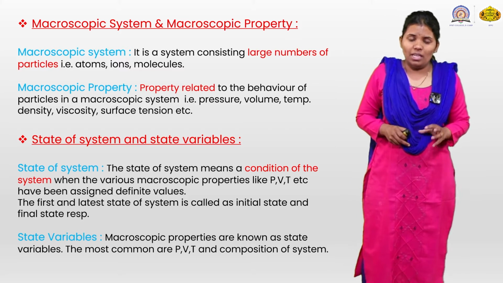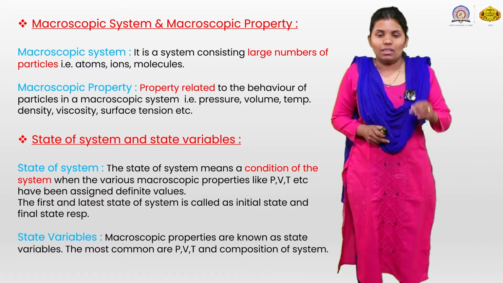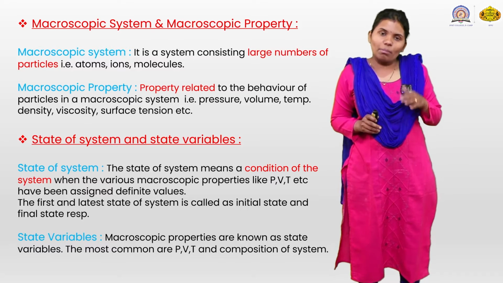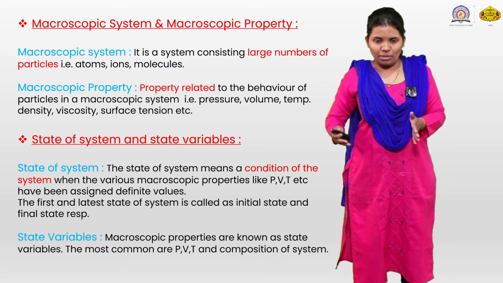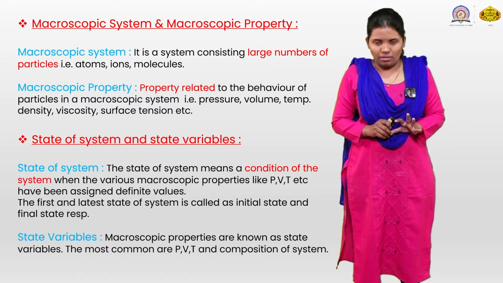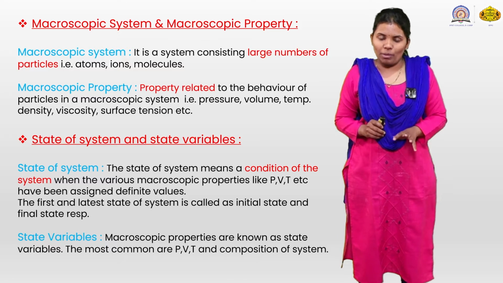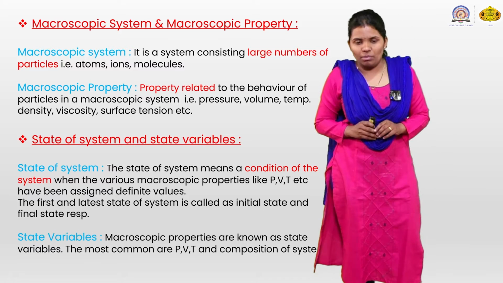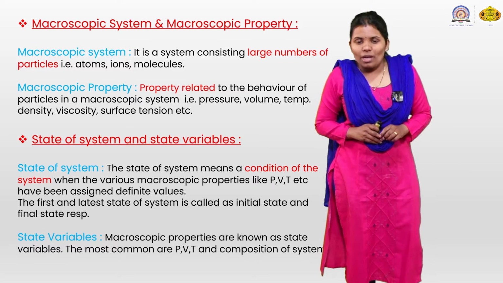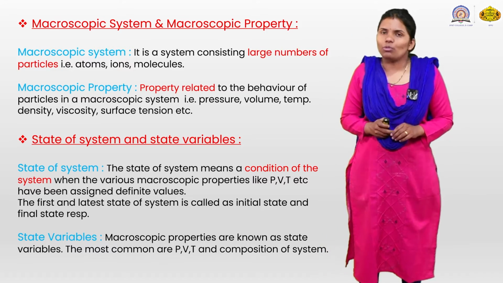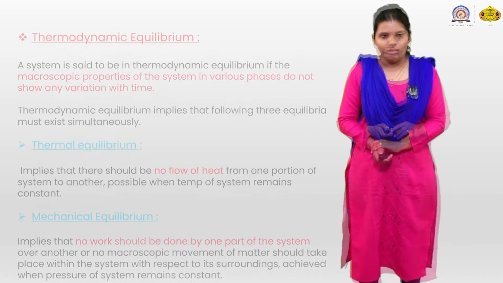So, initial and final. So, what is the state? It means the condition of the system when particular macroscopic properties like pressure, volume, temperature are applied to that system. And the variables, that is the macroscopic properties, are known as the state variables. The most common are pressure, volume, temperature and composition of the system. That is the state variables.